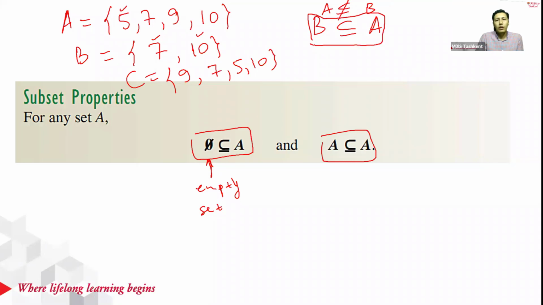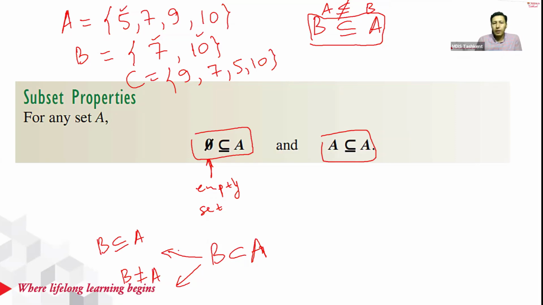Now, can I put the proper subset sign here? In order to write like this, it must satisfy two things. First, B must be a subset of A, and you have to check another one: B is not equal to A. In order to write proper subset, you have to check these two things. The first one we have checked here.